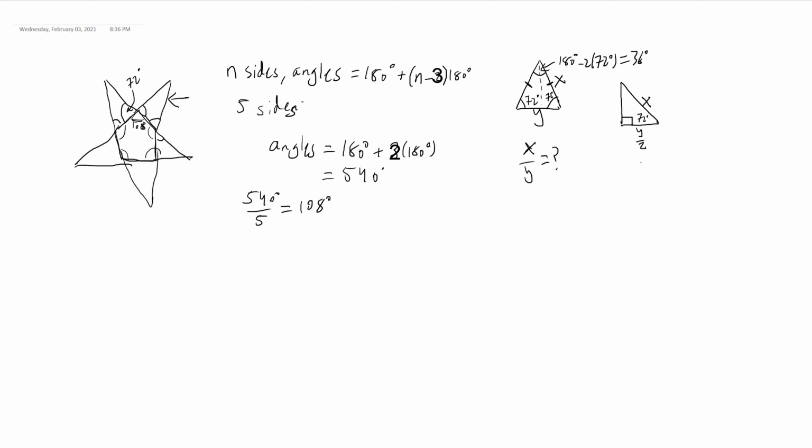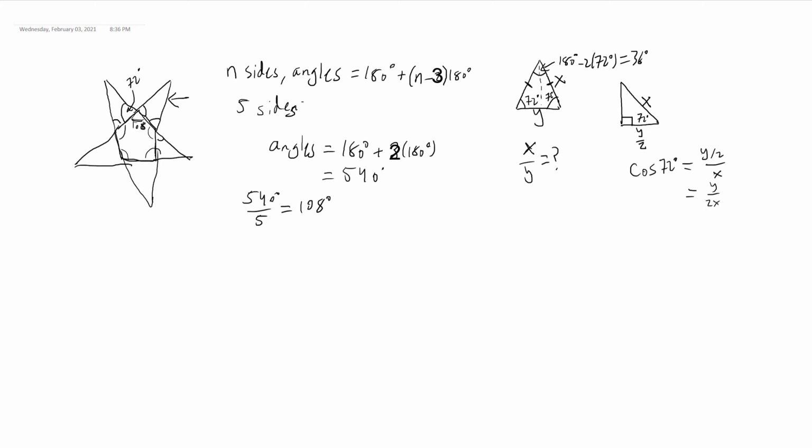So if we think back to the trig that we know, or if you don't know any trig, you can watch my trig primers. The cosine of 72 degrees is the adjacent, so y over 2 over x, which simplifies a little bit to y over 2x.